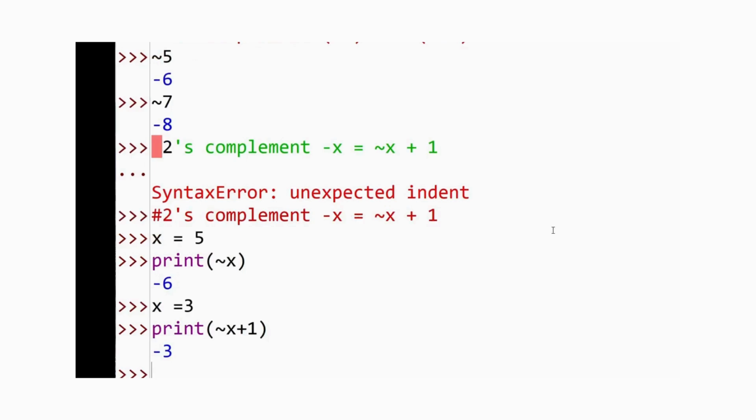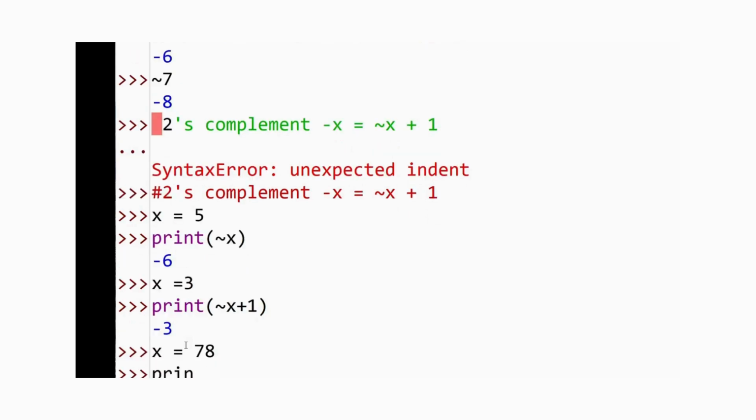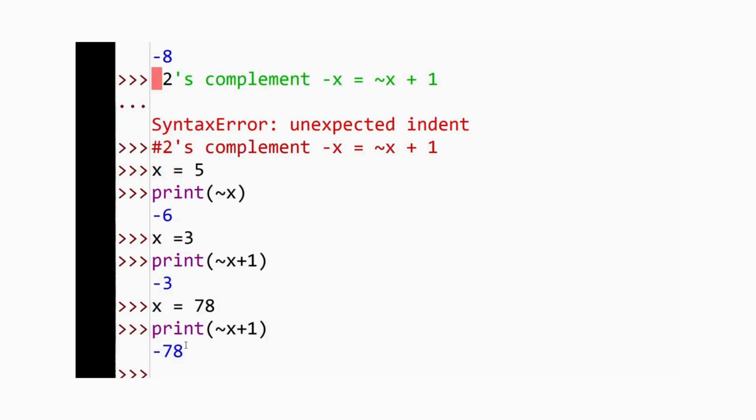What is the formula for 2's complement? Tilde x plus 1, right? So minus 3 is coming, right? We'll write one more and see. x equal to 78. Print tilde x plus 1. Minus 78 should come. Okay.